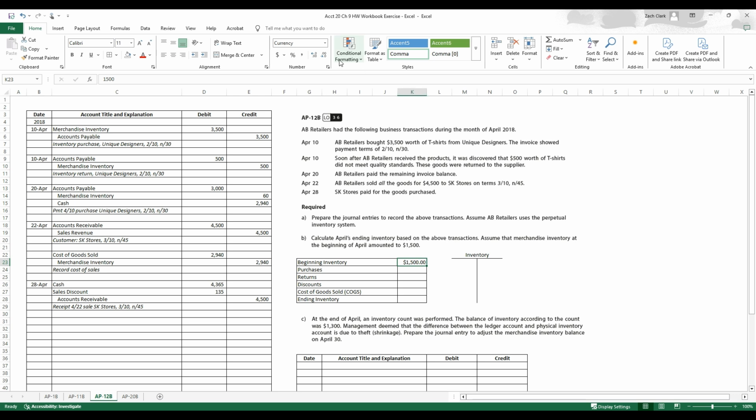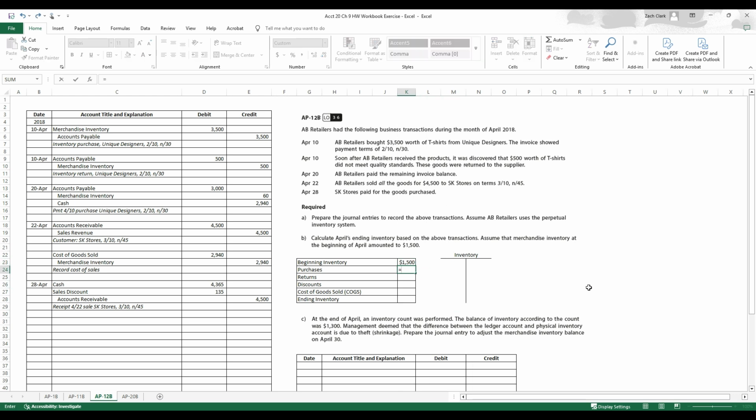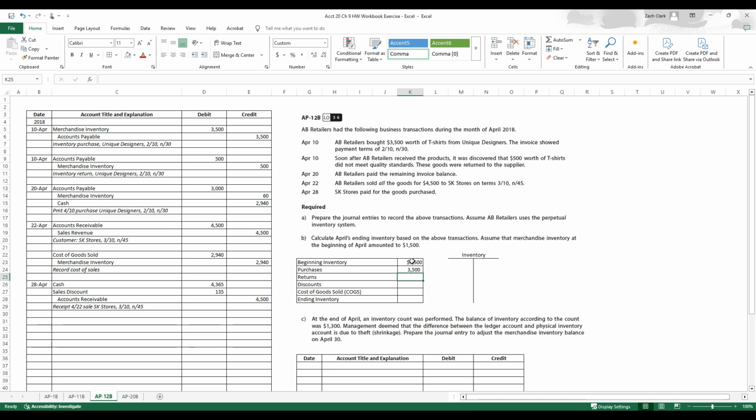I'm going to put that currency there and just kind of put the pieces together. So all of our purchases, like we said, we had the 3,500 was our purchase. Stretch that out a little bit.